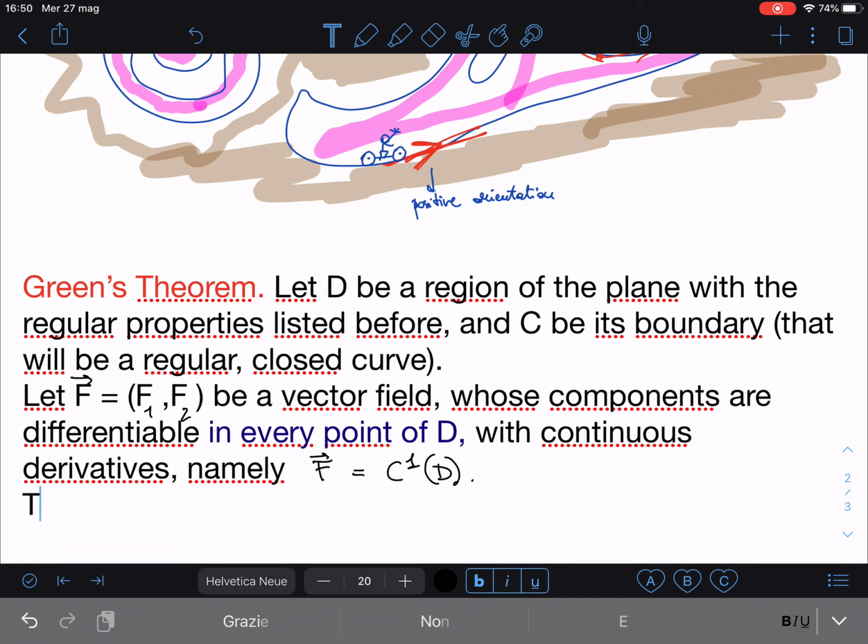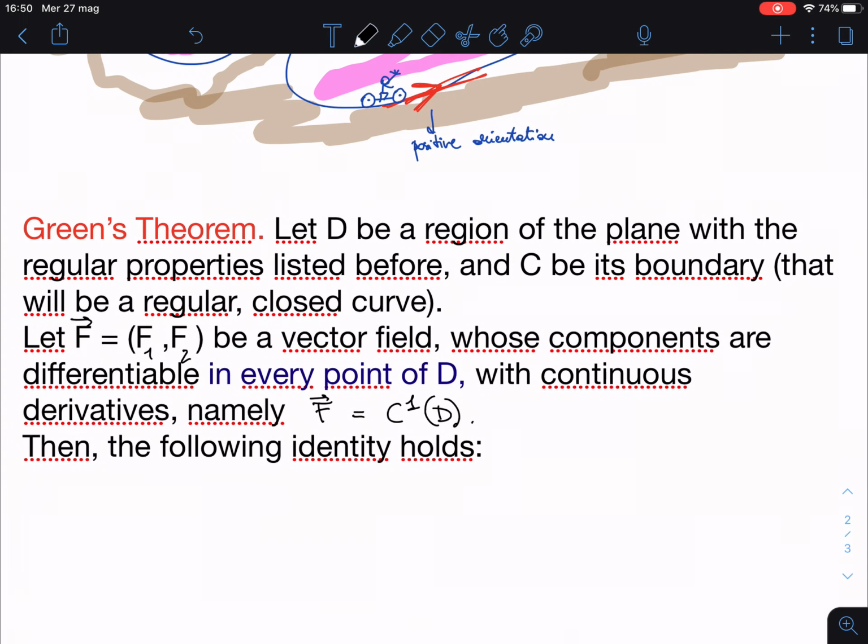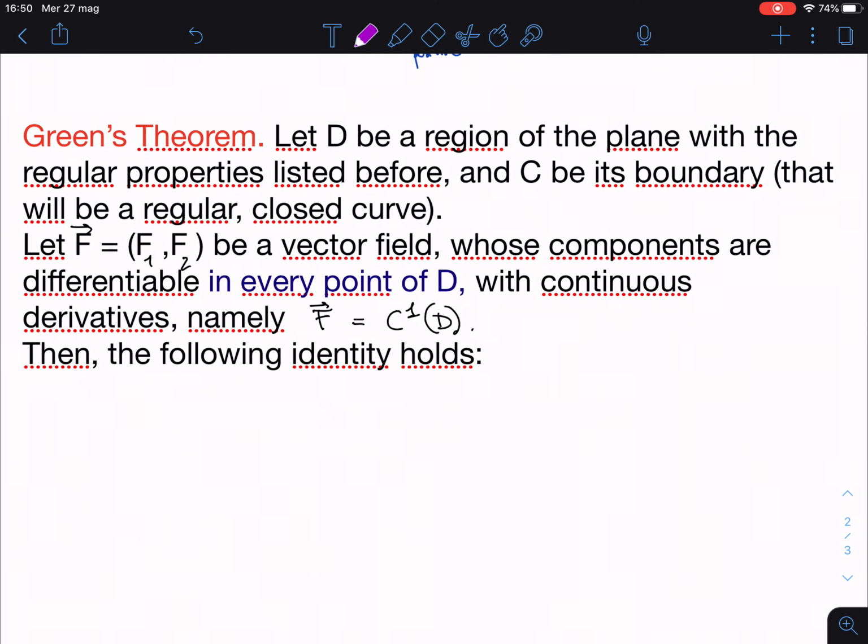Then the following identity holds. You have that, so I write it in purple because it is very important.